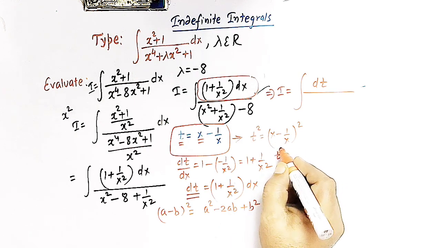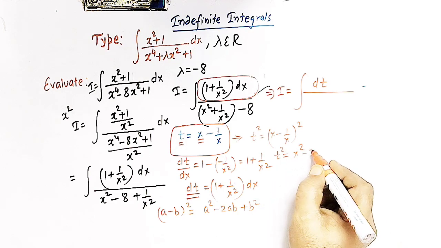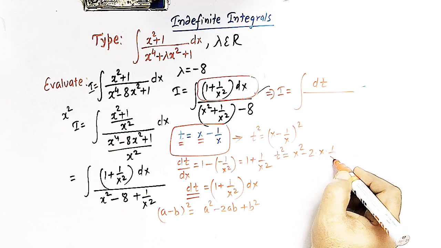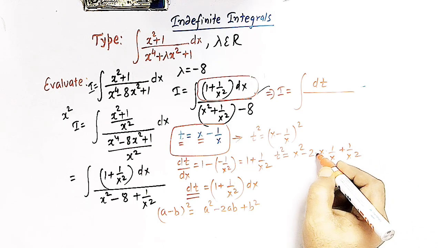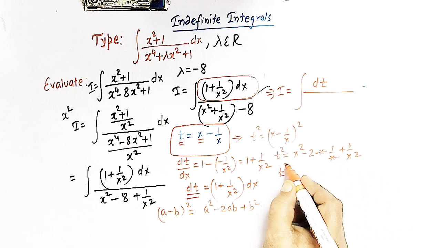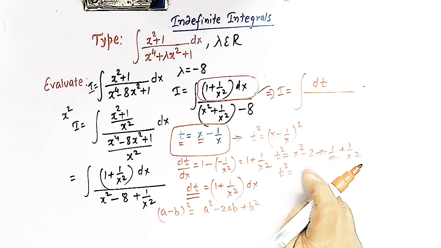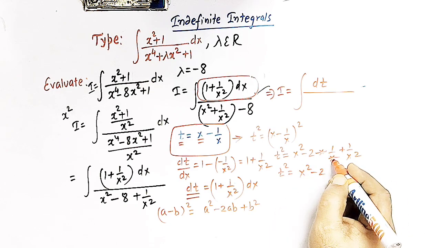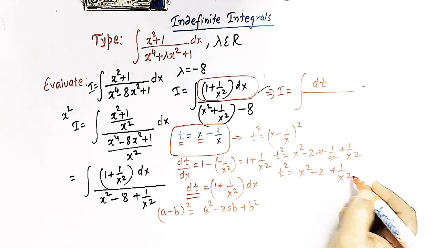So here t square is now equal to x square, then we have minus 2ab, so here we have x and 1 over x, and here we have 1 over x square. So this x and this x get cancelled, so we are now left with x square minus 2, because x and x get cancelled, and here we have 1 over x square.